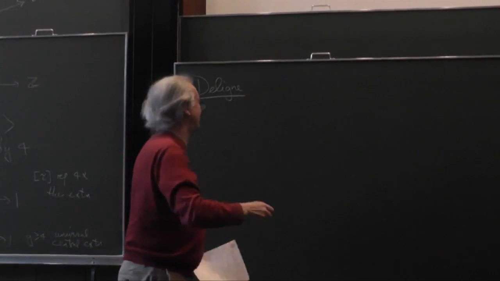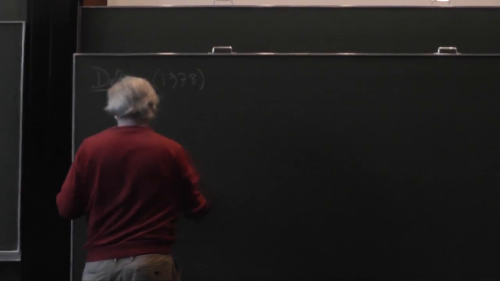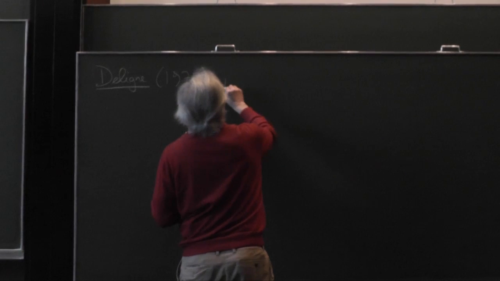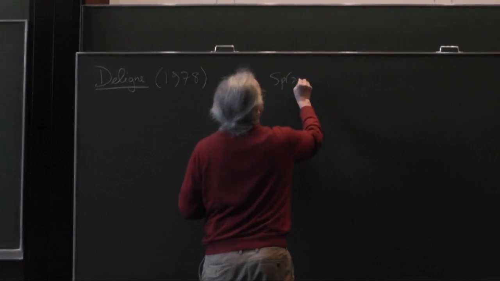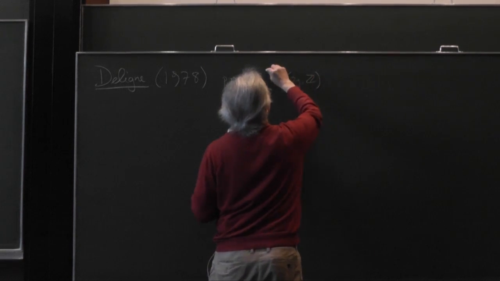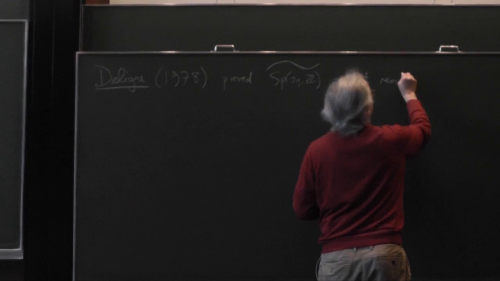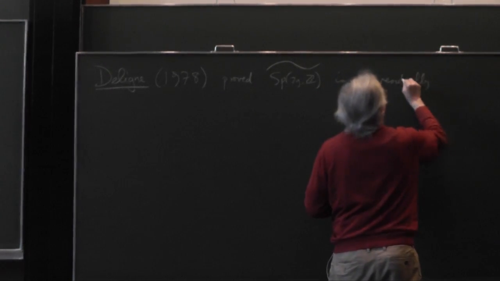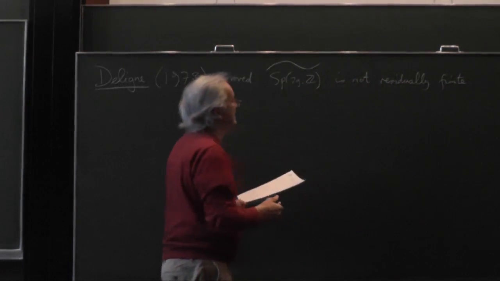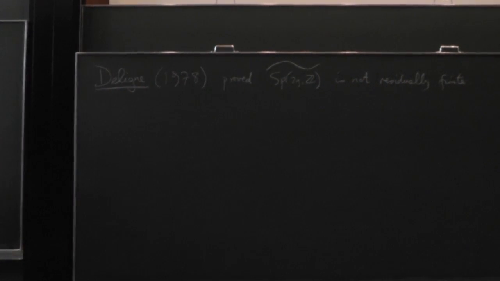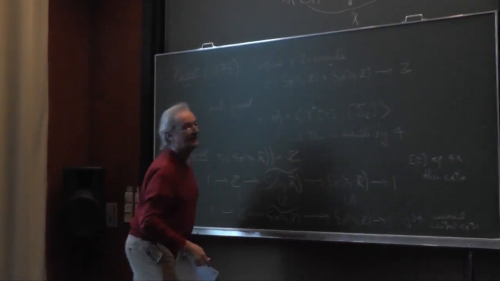This work could have all been done ages ago. This theorem is from 1978. So he proved that Sp_2g(Z) tilde is not residually finite. To be more precise, what he proved is that every subgroup of finite index contains twice this central element here.